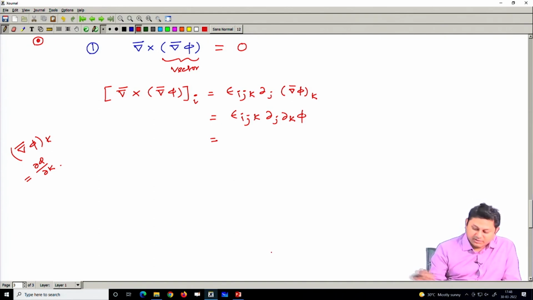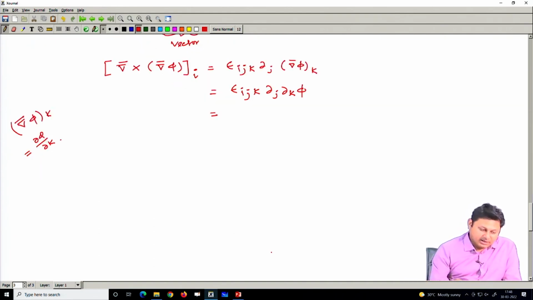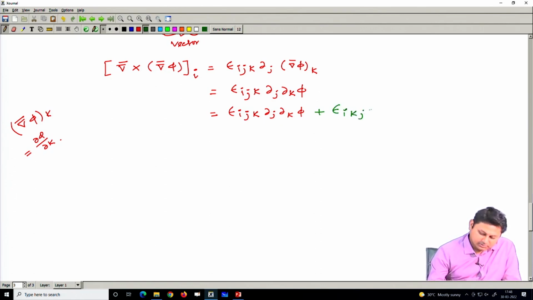So, if these two are repeated indices, then if I expand this, one term is epsilon i j k del j del k phi, that is one, and another option is epsilon i k j and then del k del j phi.